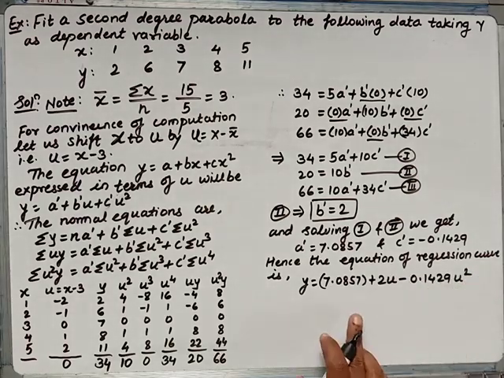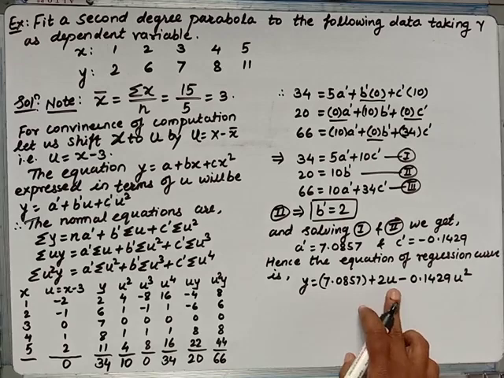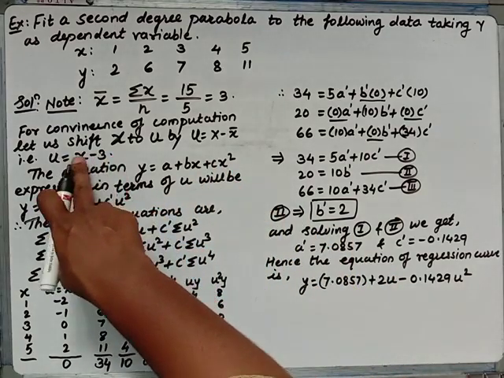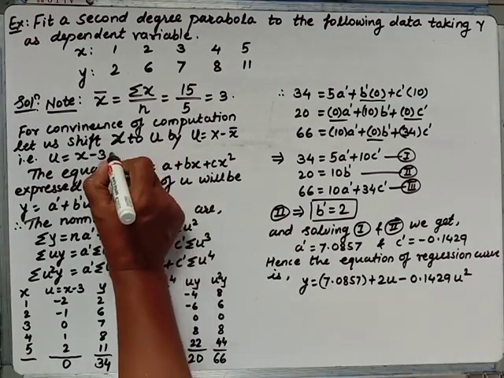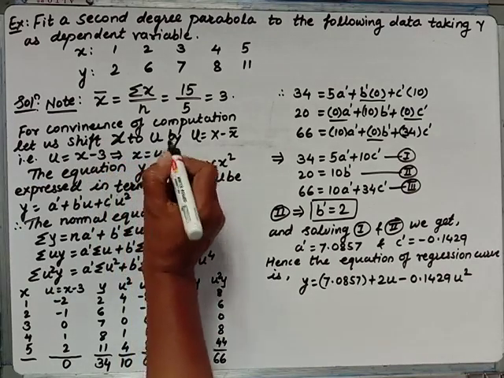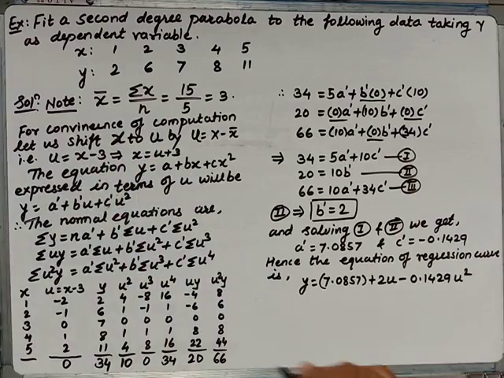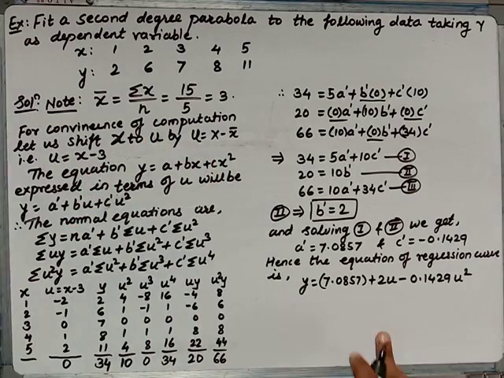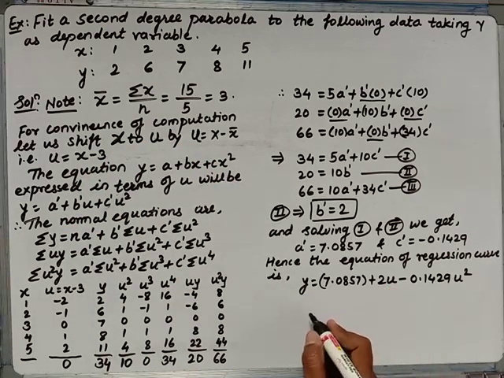But we have to determine an equation in terms of x and y, not in terms of u and y. So put u equal to x minus 3. Sorry, u will be x minus 3. The same value we have to put. Sorry for that. U is x minus 3. That value we are substituting here.